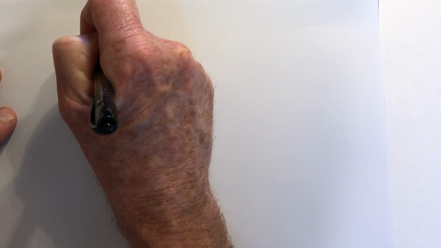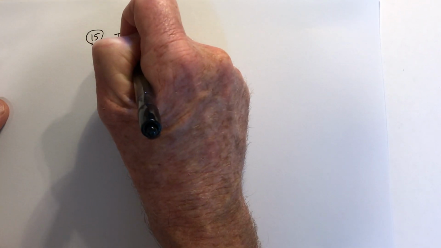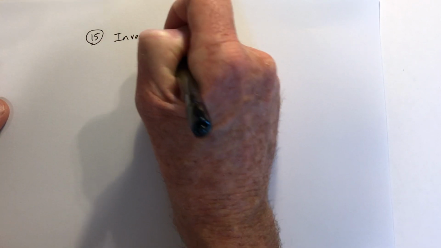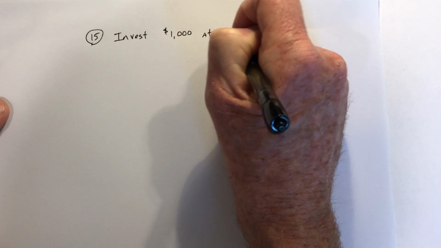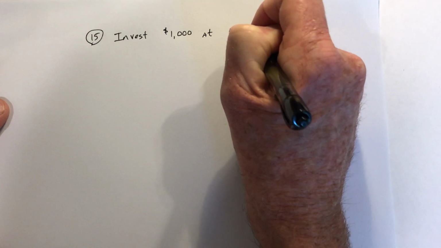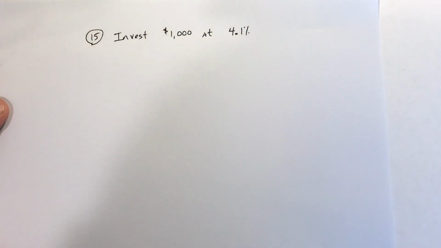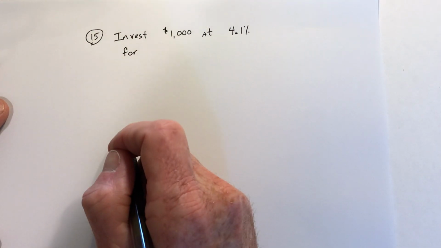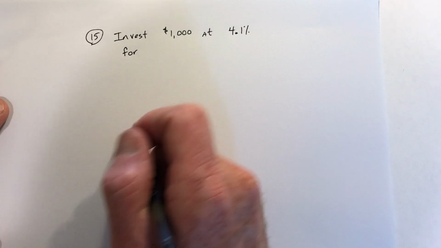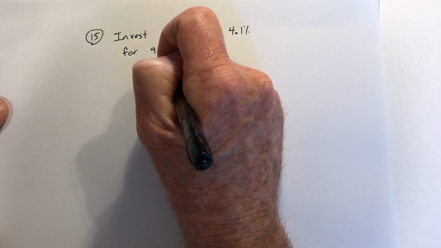Okay, then a couple of examples with that. And which number am I on? Number 15. So suppose that you invest $1,000 at 4.1%, and then for 9 years.